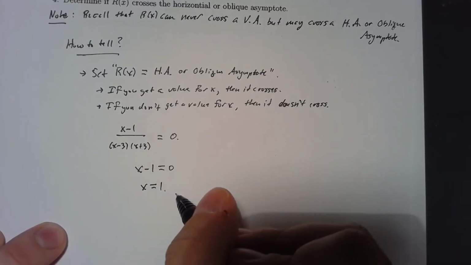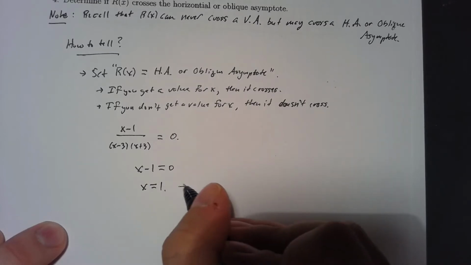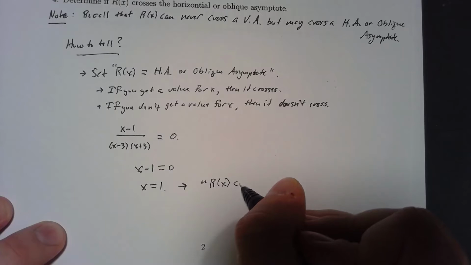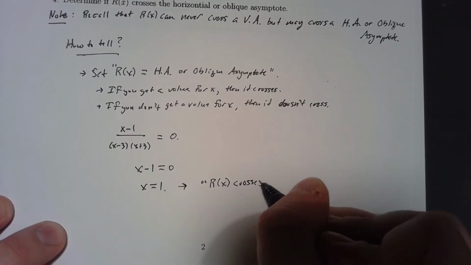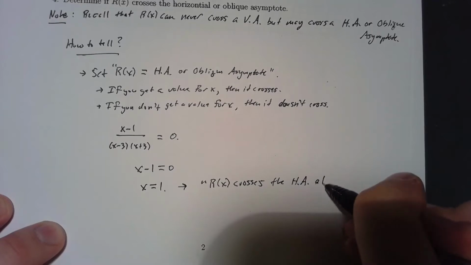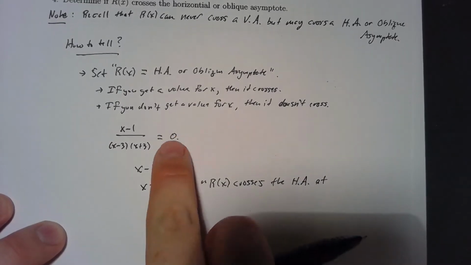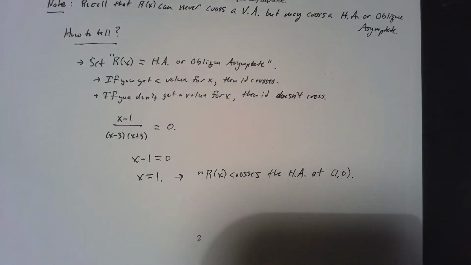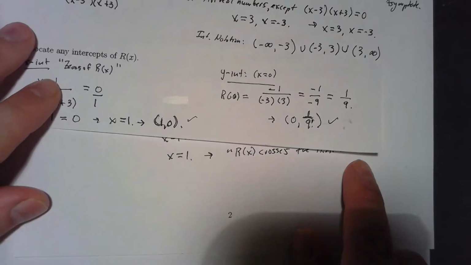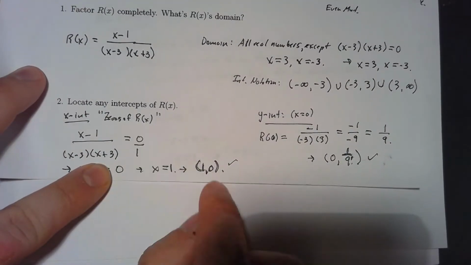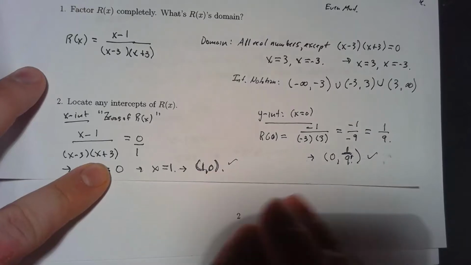So that means my function r of x crosses the horizontal asymptote at the point 1, 0. And I know that because that point 1, 0 just happens to be the x-intercept.